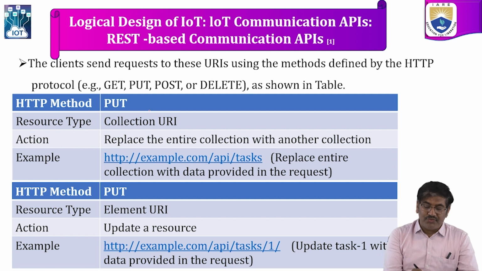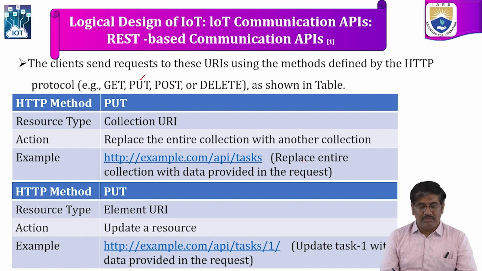The next HTTP method we have is PUT. With PUT you can also have a collection URI or an element URI. With the collection URI, it will replace the entire collection with another collection, whereas PUT for an element URI will update only a particular resource.